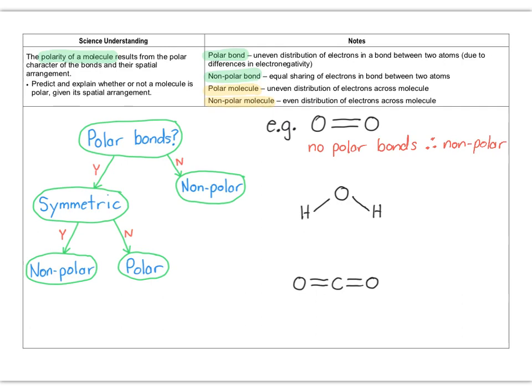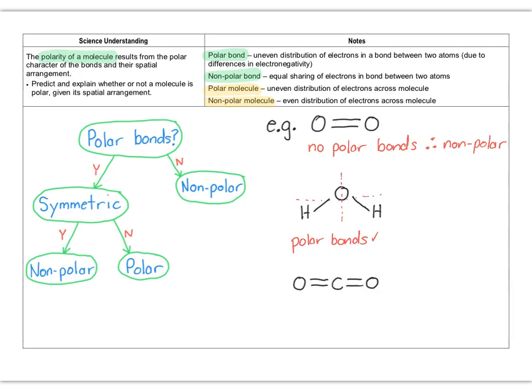Let's now look at water. Does water contain polar bonds? Yep, it does contain polar bonds. So, then we come down here to the symmetric box. Is it symmetric? Well, if you cut it through there, through the middle, yes, it is symmetric. If you cut it through in the plane of the page, it would also be symmetric. That's a bit harder to picture. But if you cut it through the middle this way, you can see it's not symmetric.